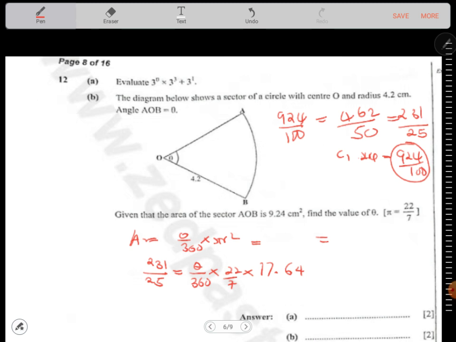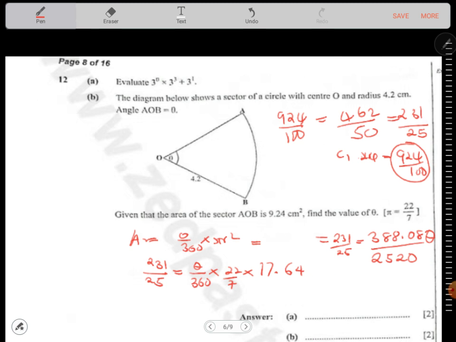So you can say 231 over 25 is equal to 388.08 divided by... So now we can multiply this and this. Please be quick in your multiplication because this is paper 1. 2520. Now here there's theta as well. Now when you multiply this and this, you get your value for the theta.